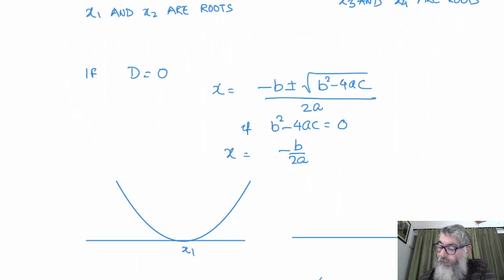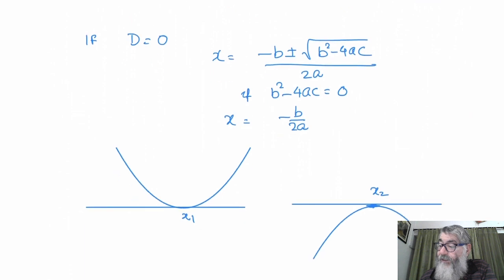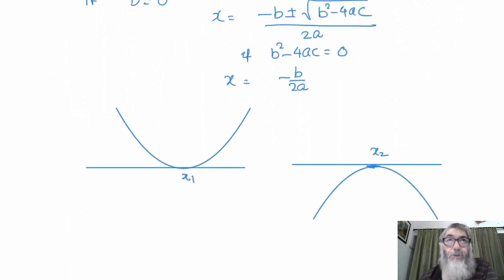And if a is negative, it is touching at x2. Now it is cutting at one point only. That means both the roots will be the same.